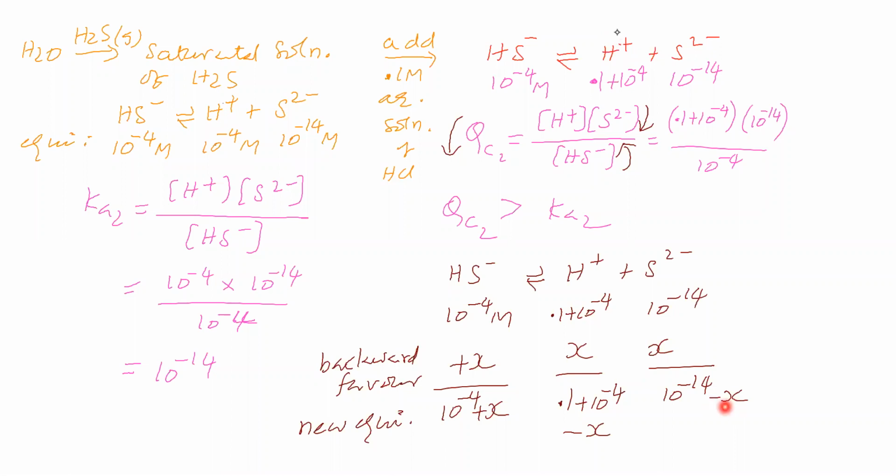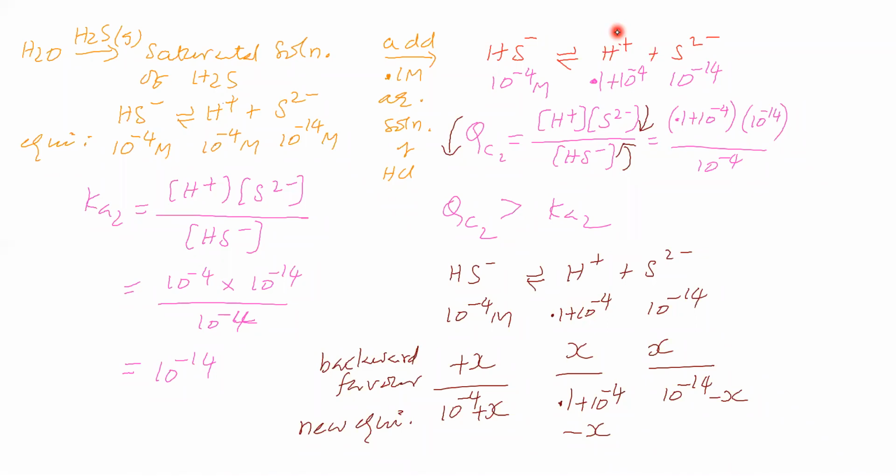You see, here in this saturated solution of H2S, the concentration of sulfide is 10 power minus 14 molar. You are adding HCl, so equilibrium is disturbed, so backward is favored. Due to backward, what happens to the concentration of sulfide? You are saying that the concentration of sulfide is getting reduced due to the addition of HCl.